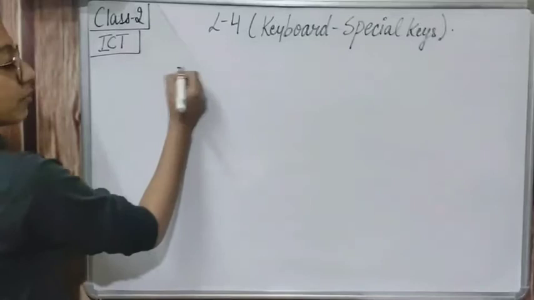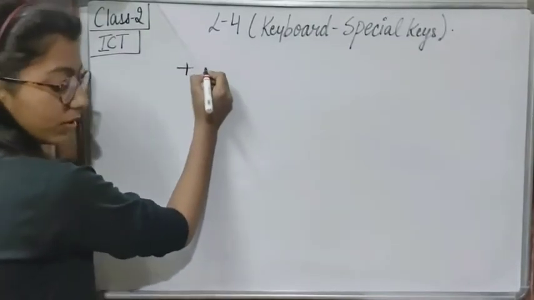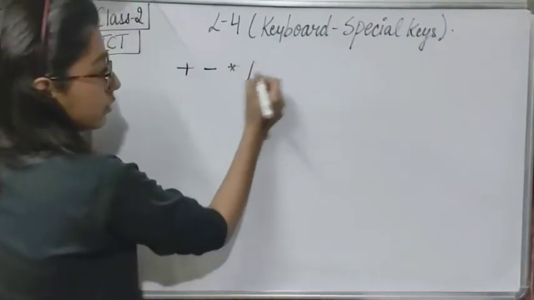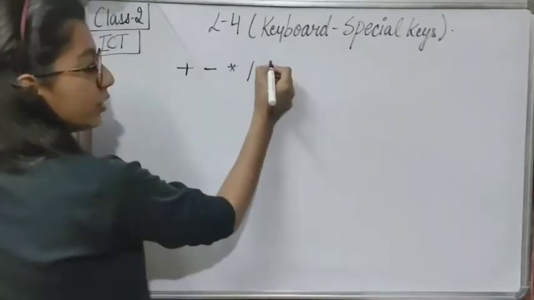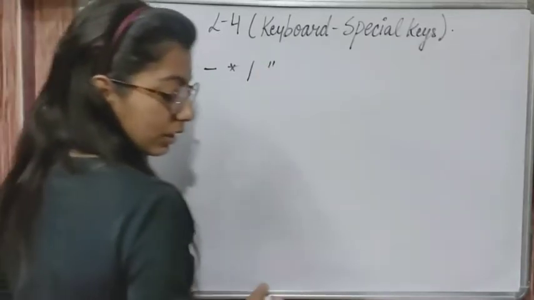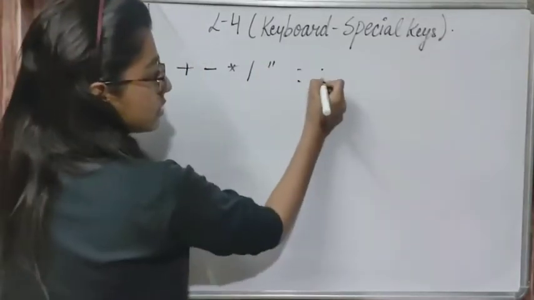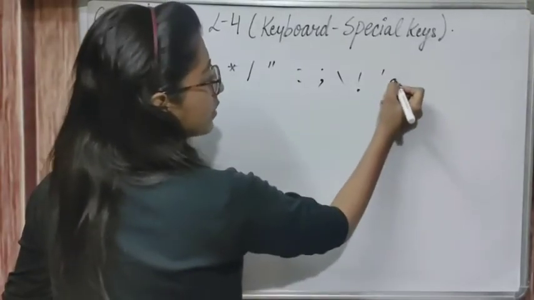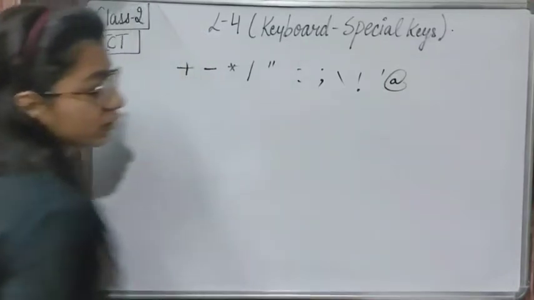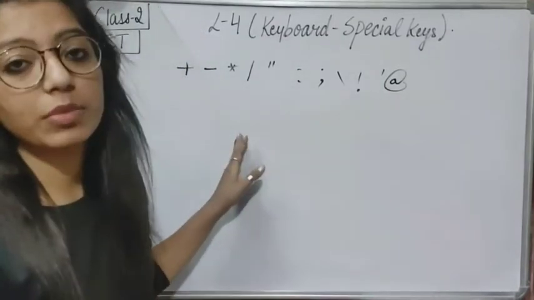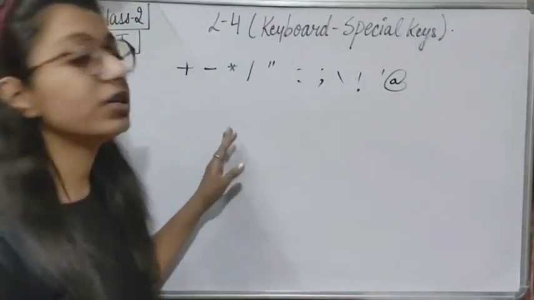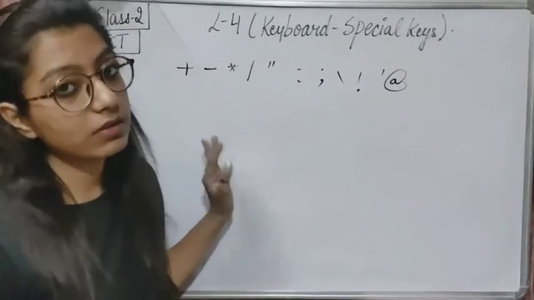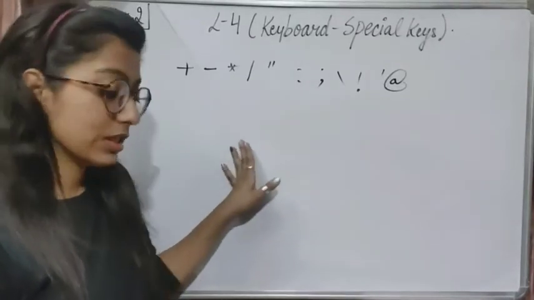It can be like plus, minus, this, जो भी 4 हमने किए वो special keys थी. And any type of symbol that is given, any special symbol, that is a special key.